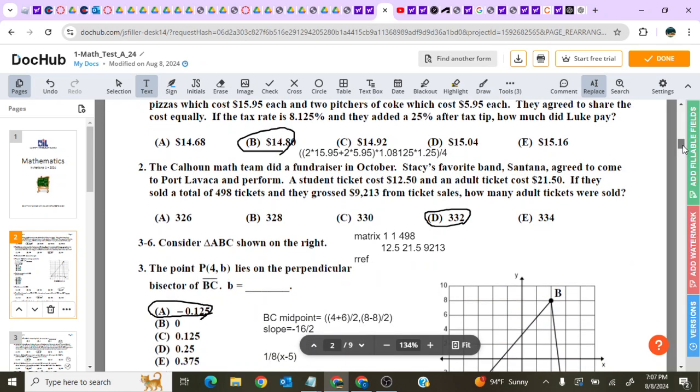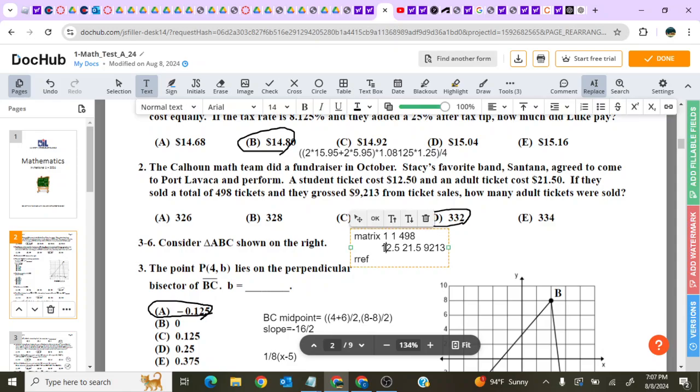Well, this is a systems of equations, which we can use the matrices for. Basically, it's student tickets plus adult tickets equals 498 total tickets. Then the cost for each adds up to 1913. So plug this into your matrix, edit matrix 2 by 3, plug in all the values, and then go to math and then scroll up until you get to RF.